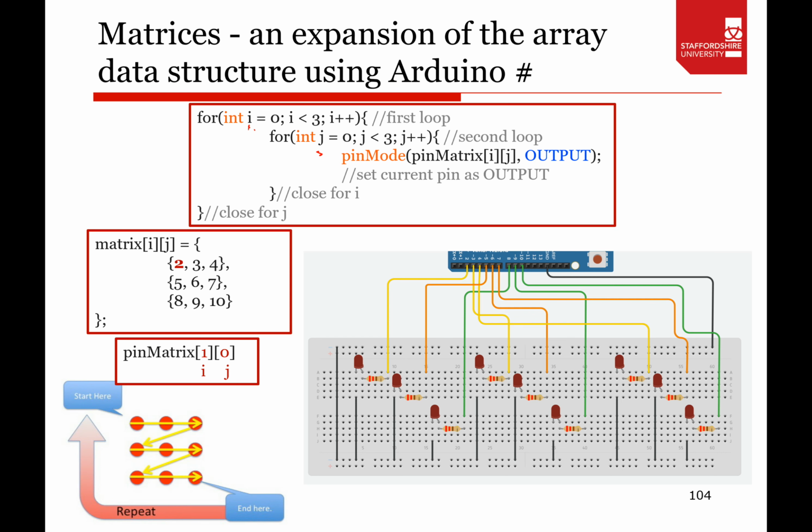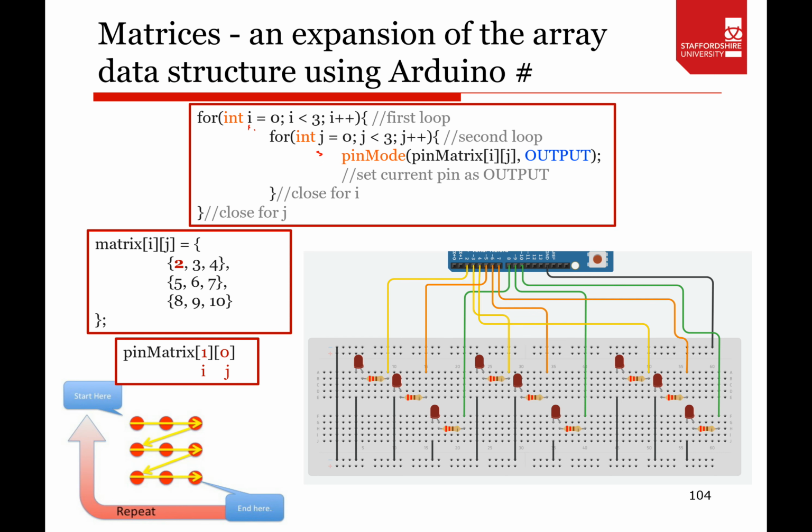Then J goes from 0 to less than 3, and we increase J once every time we go around the loop. So the first 2 nested for loops are setting all the output pins from pin 2 to 10 as output. In the pin matrix, I is the row and J is the column.